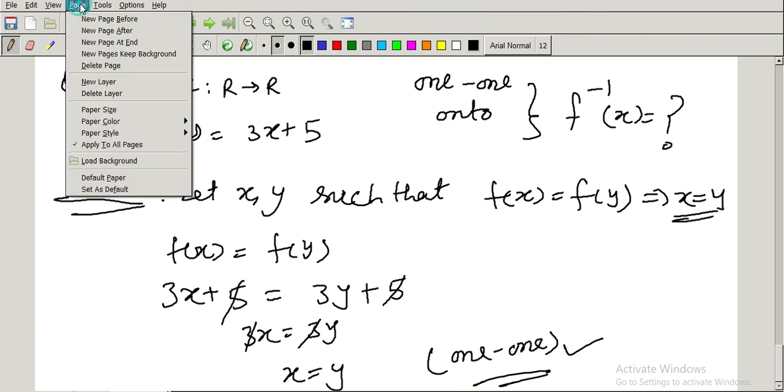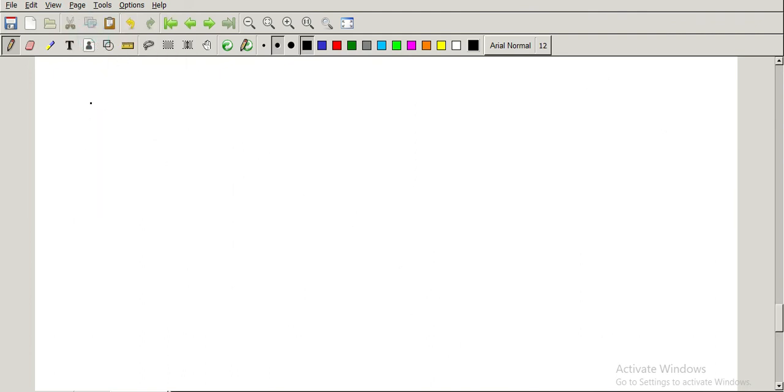So now for onto. What is onto, right? For onto, we have to keep in mind some concepts like range and domain.